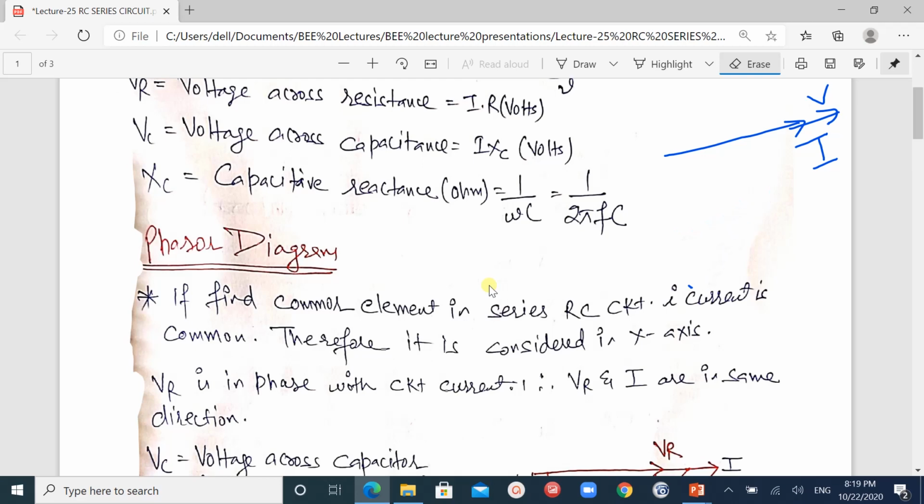In the case of capacitance, I redraw: this is the voltage V and this is the current IC, and it leads by 90 degree.